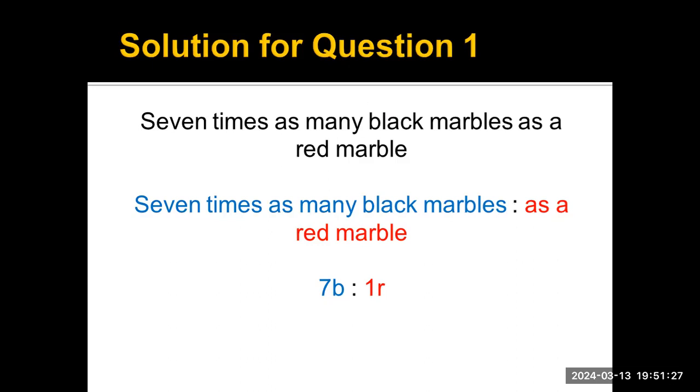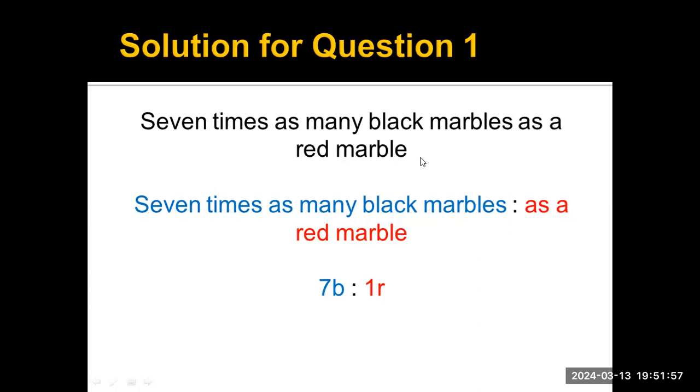As you encounter this phrase "as many as", the quantity before this phrase refers to the first quantity of the ratio. After "as many as", you see here a red marble. It is singular.